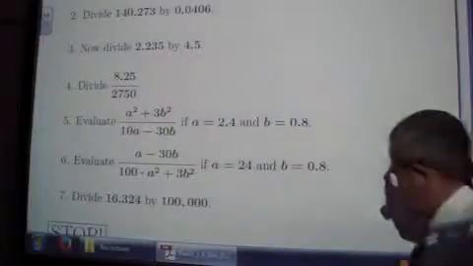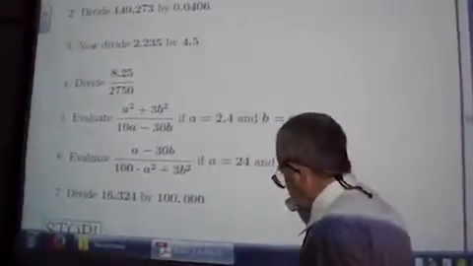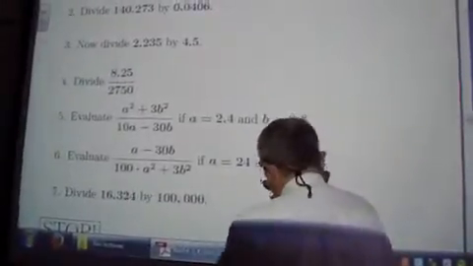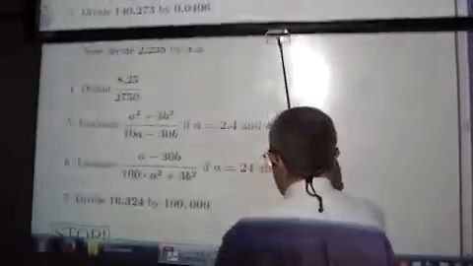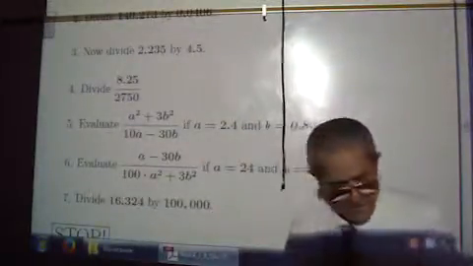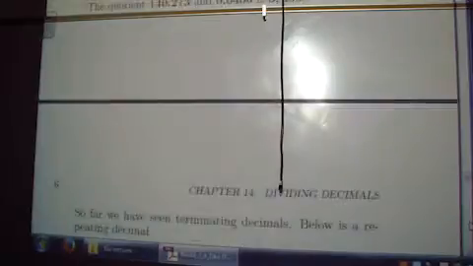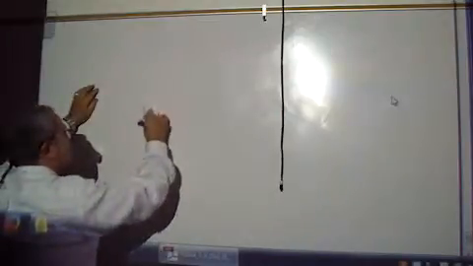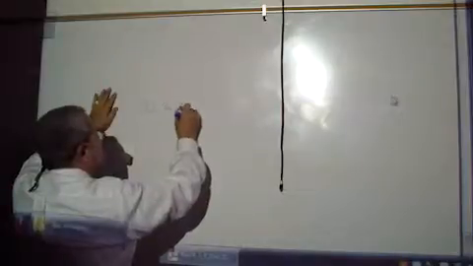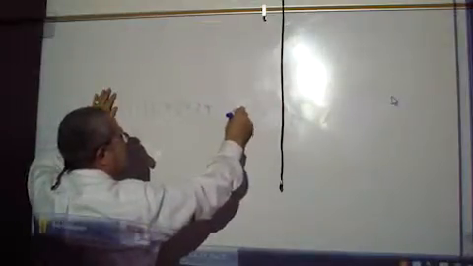How about doing a number with repeated decimals? Suppose you have 0.32929 and so on.